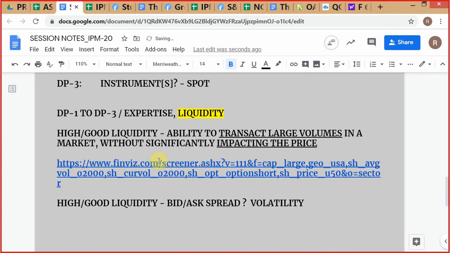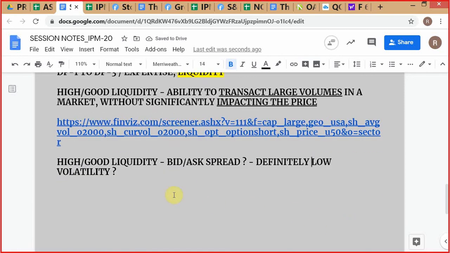So the short answer to your question about the bid-ask spread is that this is definitely low. In fact, I'm not trying to make fun of your question, but I'm just showing you how it is almost tautological by definition.